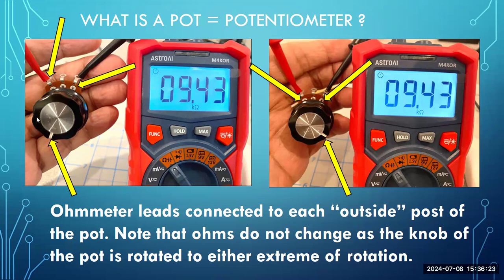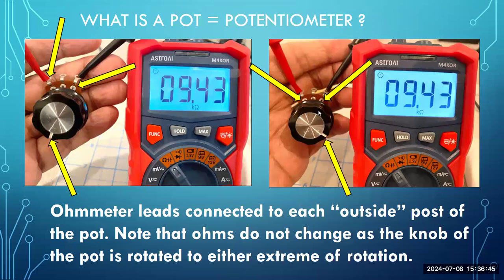So let's think about this as a volume knob on your radio. Well, I've turned the volume knob all the way down to minimum. And what I've got here is, in this particular case, at this extreme, maximum ohms. But if I rotate this all the way to the other side, which is what I have here, to the other extreme, it shows, hey, I still have the same amount of ohms.